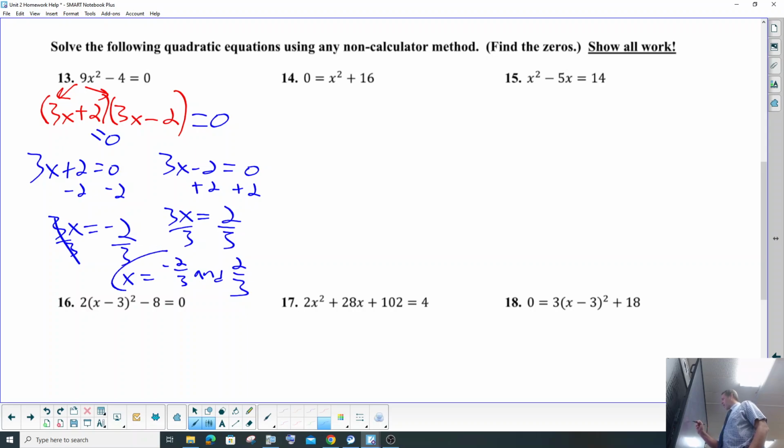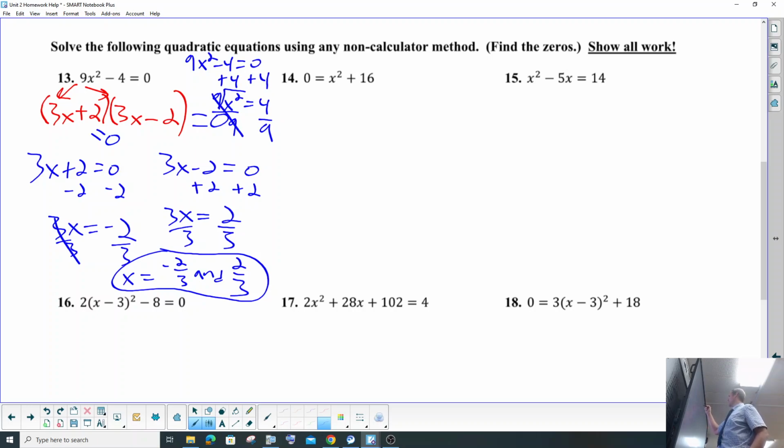Wayo. Another way we could have done that is we could have 9x squared minus 4 equals 0. Add 4 to the other side. 9x squared equals 4. Divide by 9, divide by 9. And then square root both sides.